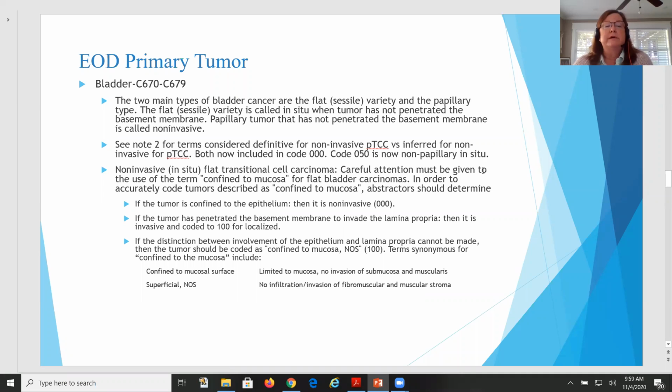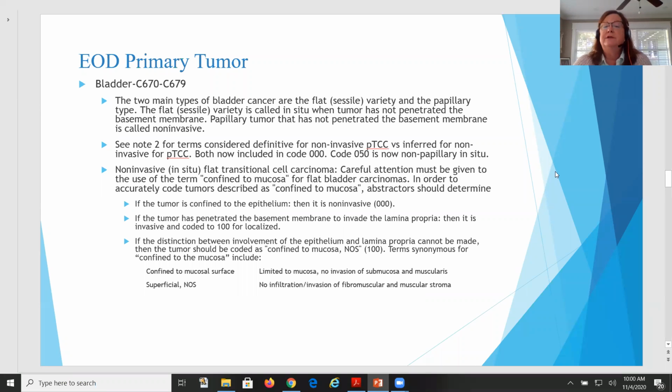And then I already showed you in CRSA in note 2, the terms for definitive non-invasive papillary transitional cell carcinoma versus the inferred terms for non-invasive papillary transitional cells. So those would be included in code 000.